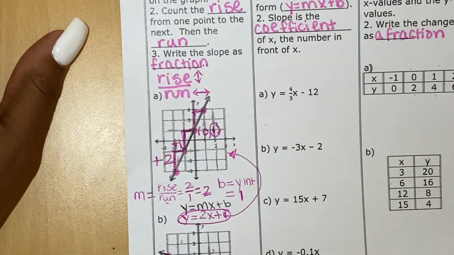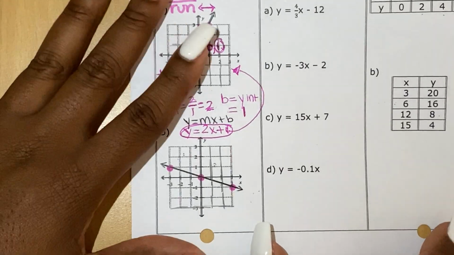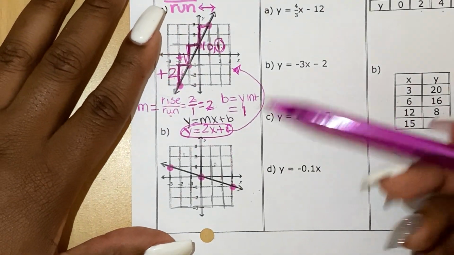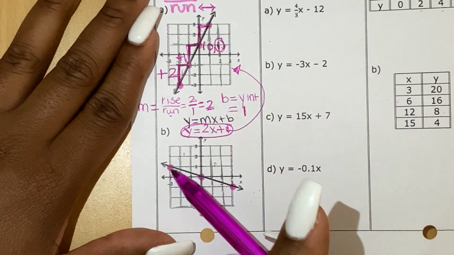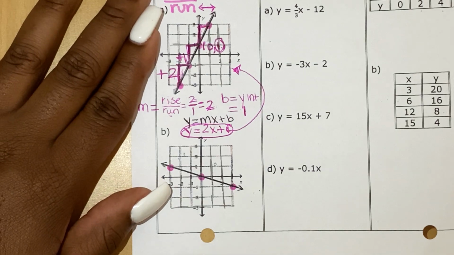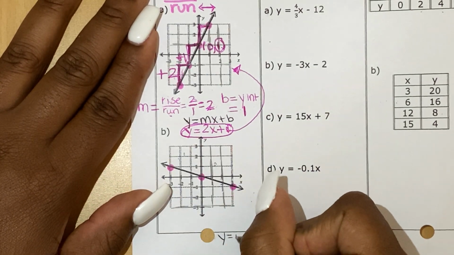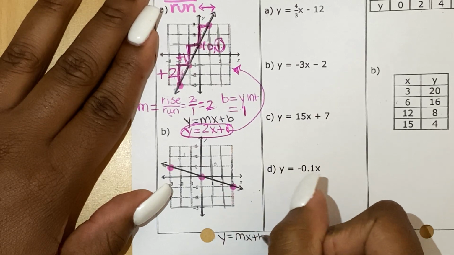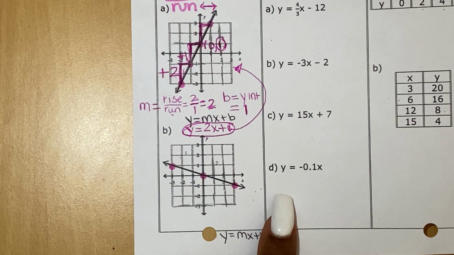Got it? Let's look at the next one. What I've done again, I shaded in the lines that were a little fuzzy, and I went ahead and plotted the points. I want to do the same thing with this line. I want to gather all the information that I need to find the equation for this graph, starting with finding the slope from the graph.